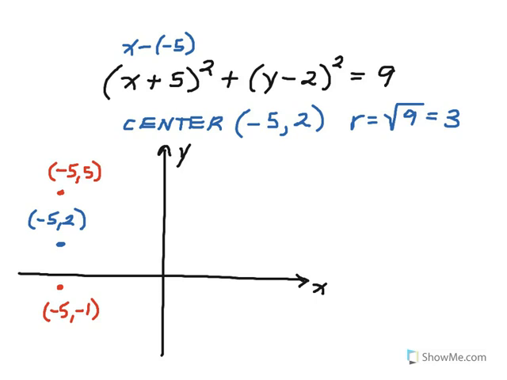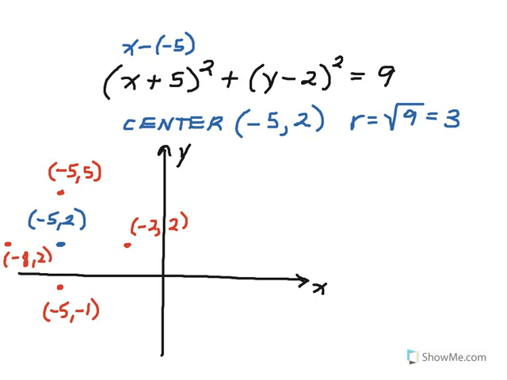If I go to the right by 3, my x-coordinate will go up by 3 from -5, so I will be at the ordered pair -2, 2. And if I go to the left by 3, I will be at -8, 2.